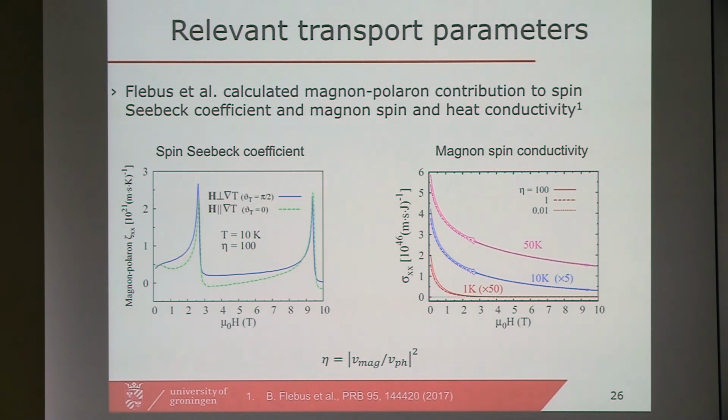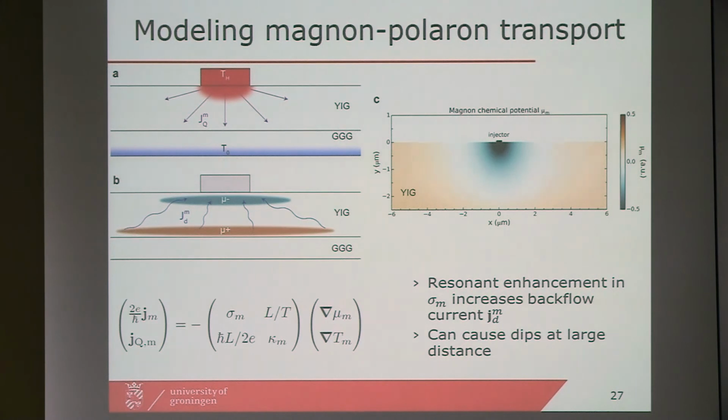Okay, we thought, well, maybe if we include this effect, we can actually understand what's going on. So then the story is as follows. If we get some resonant enhancement of sigma at the resonant field, then we might increase this backflow current between mu plus and mu minus.